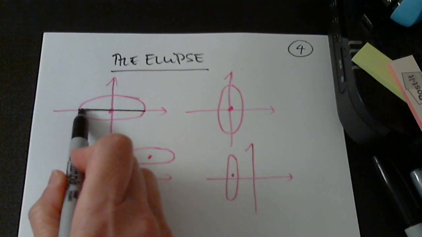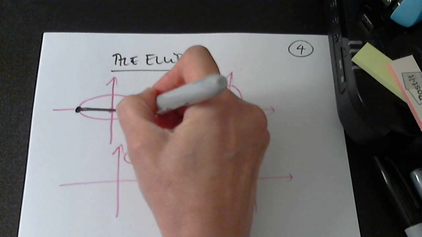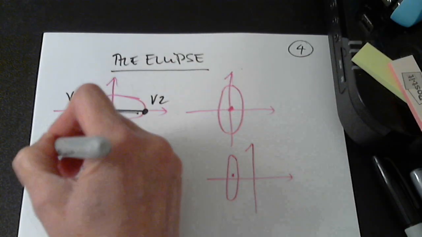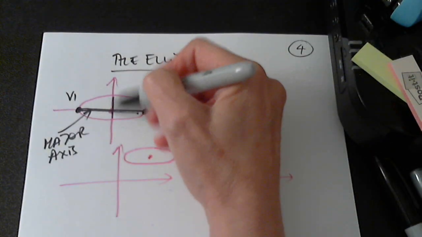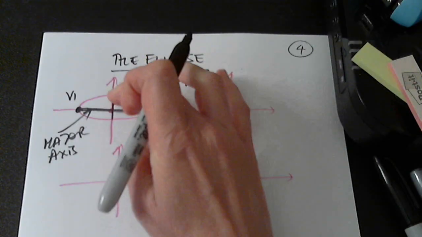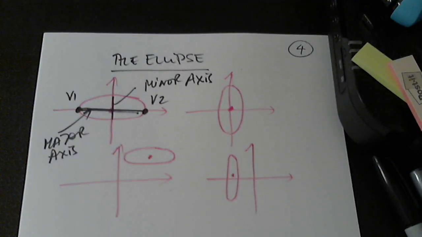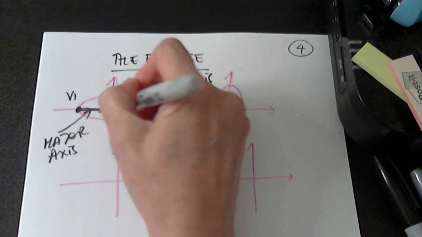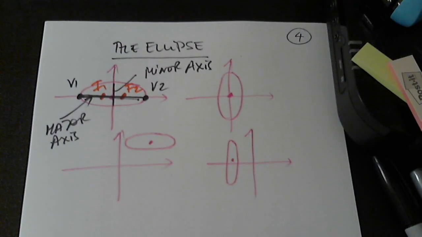So the ellipse has a major axis, and the major axis has vertices, V1, V2. It also has a minor axis. These are not considered vertices, of course, only these two. On the major axis, the ellipse also has something called, again, focus 1 and focus 2, plural foci.